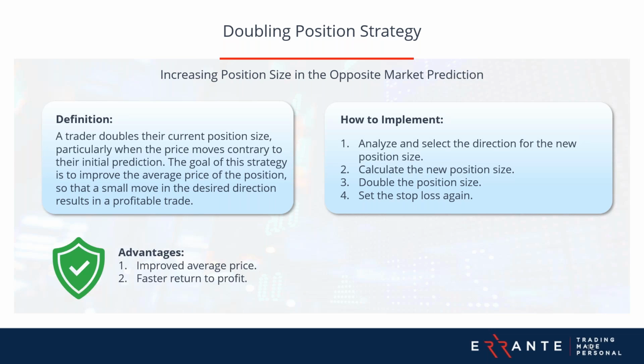So you better just lower your average entry price by taking another position at the lower price and then wait for a break-even point to close all of your positions and to just, let's say, reduce the risk of your capital. Since the average entry price is closer to the current market price, it takes less of a move in the desired direction for the position to become profitable, potentially leading to quicker returns.